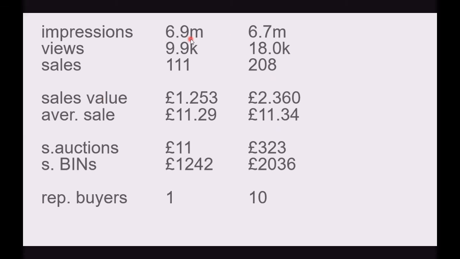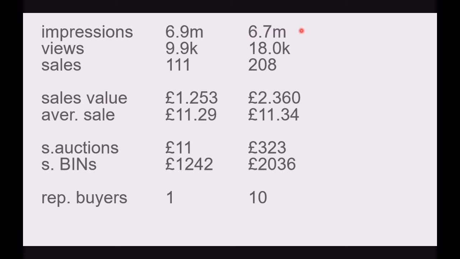Impressions: 6.9 million in October, 6.7 million in January. Basically the same. No matter what I was trying to do, I was getting the same number of impressions. Let me double check my notes.